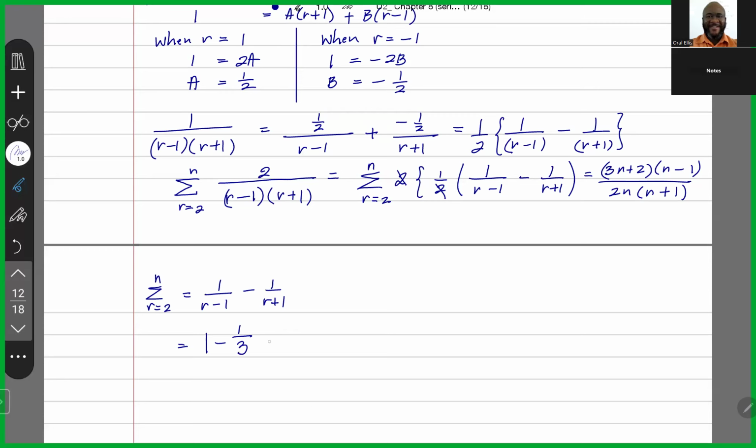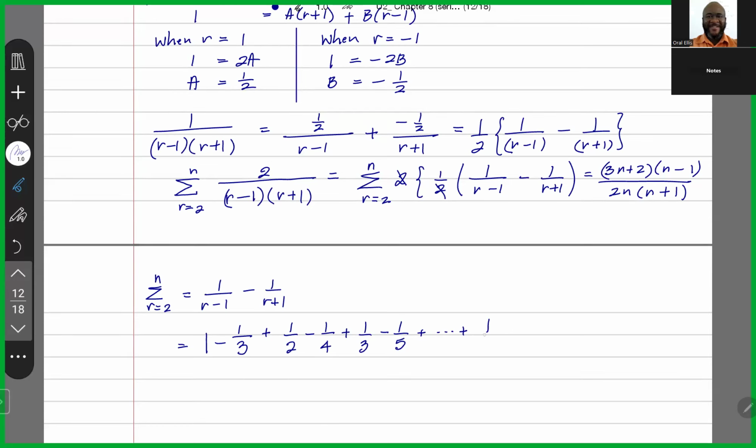That's the first term, plus the second term, when r is 3, we get 1 over 2 minus 1 over 4, plus the third term, when r is 4, we get 1 over 3 minus 1 over 5, plus we go now to when r is equal to n minus 1.